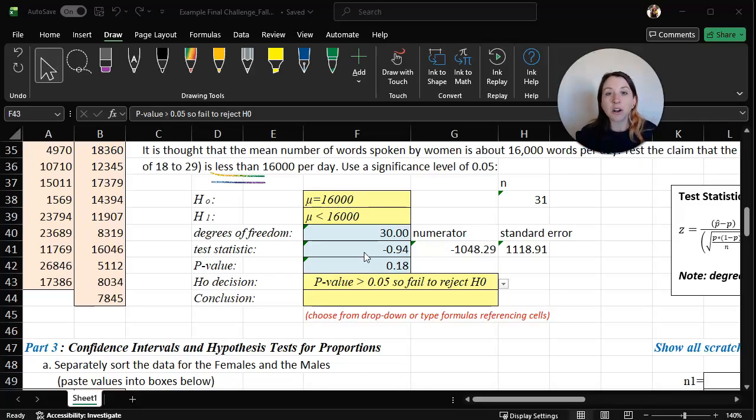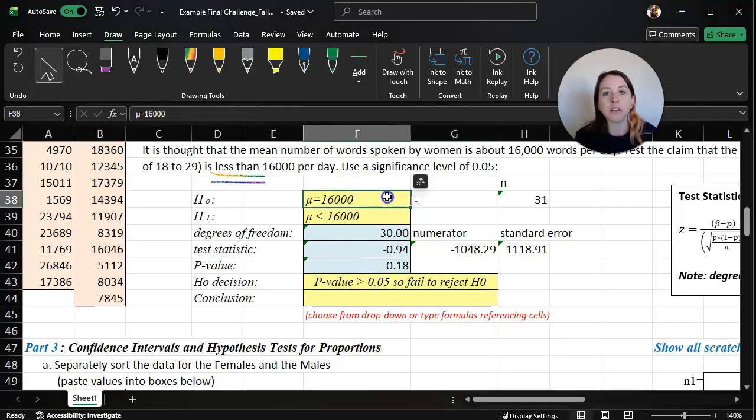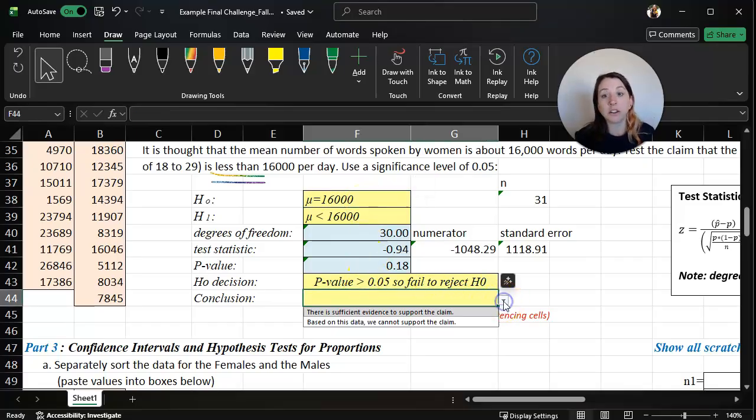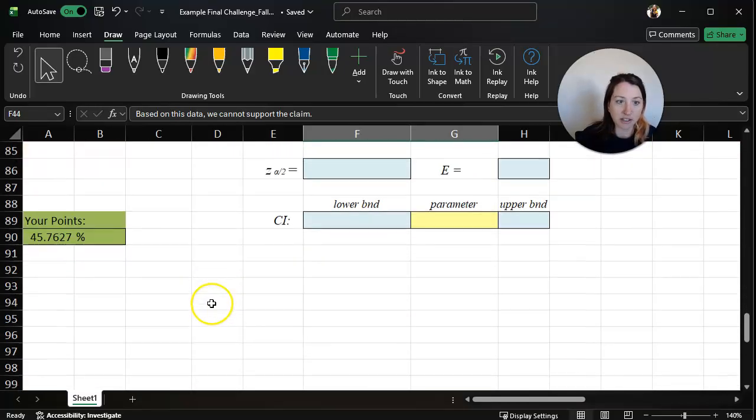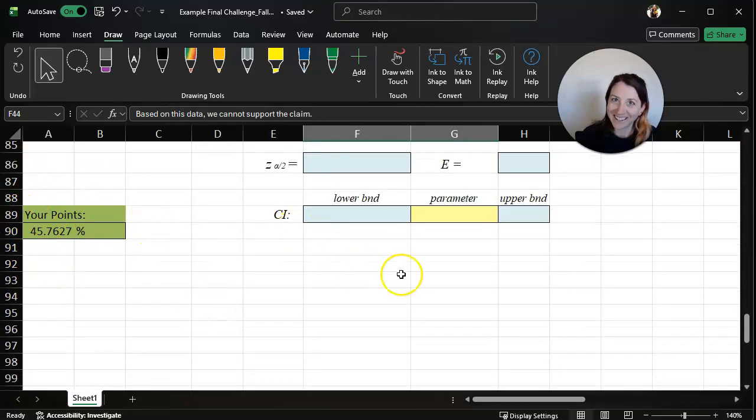If that happens, we start questioning how real this value itself is. But in this case, our sample mean is close enough to this value that we're not questioning it, and so we don't have enough information to say that it cannot be 16,000. So our conclusion: if we fail to reject the null, we don't have enough evidence to support the idea that women speak less than 16,000 words per day. Okay, let's go check to make sure that is the correct interpretation, and it is.